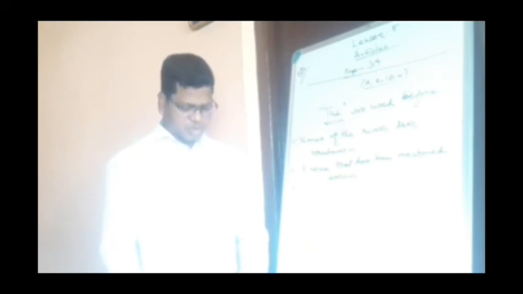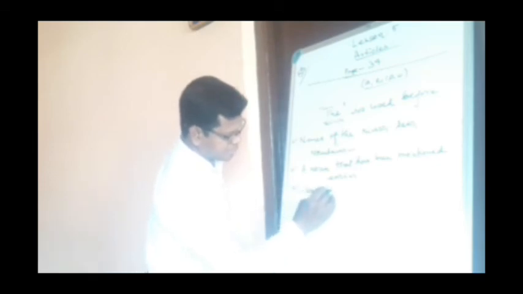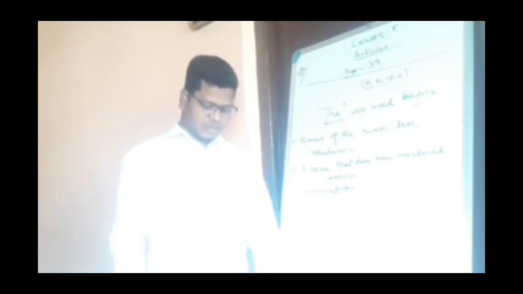Next one, the superlative. Before the superlative also we use 'the'. The superlative, from degrees of comparison, when we were doing positive, comparative and superlative. So before the superlative we use 'the', just like 'He is the best of them.